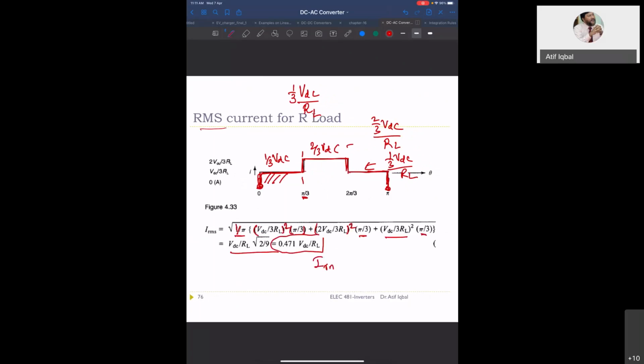So IRMS is 0.471 VDC upon RL. This is the RMS value of the current for a 6-step waveform, 180-degree conduction mode. Do you understand? Do you have any question here?